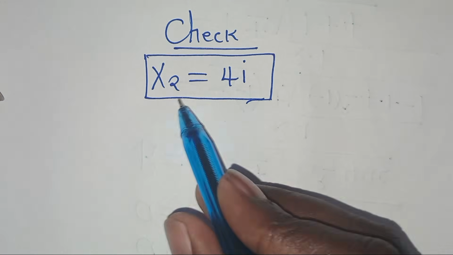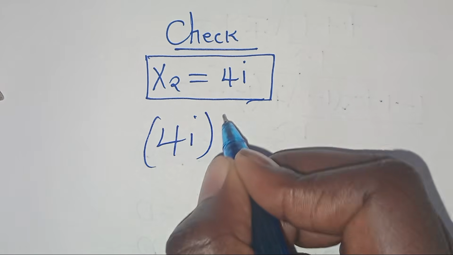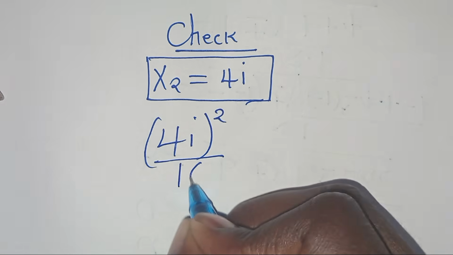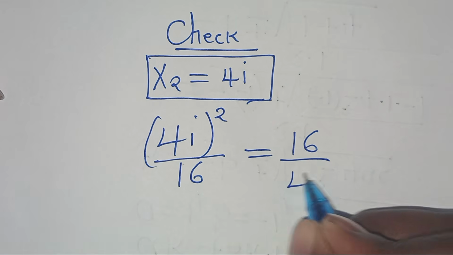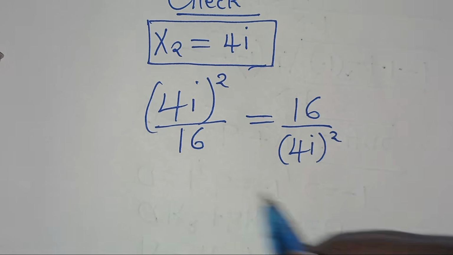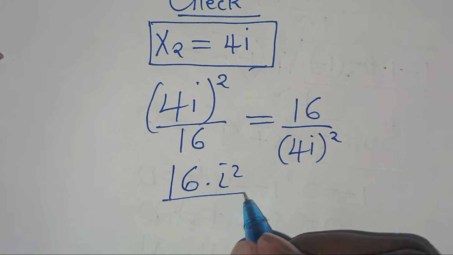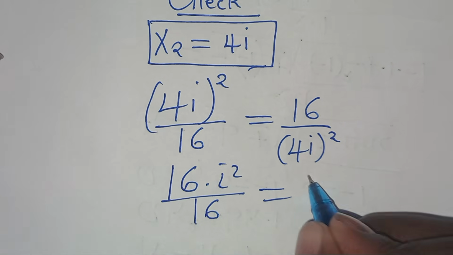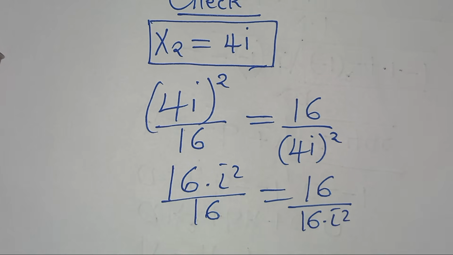Now let's check x2, which is 4i. This means we have (4i) raised to the power of 2 divided by 16, equal to 16 divided by (4i) raised to the power of 2. So 4 squared is 16 times i squared divided by 16, equal to 16 over 16 times i squared.